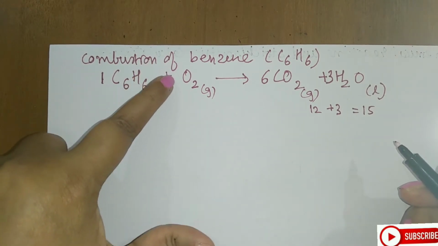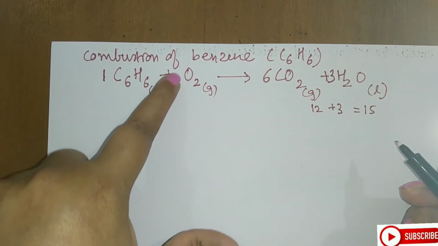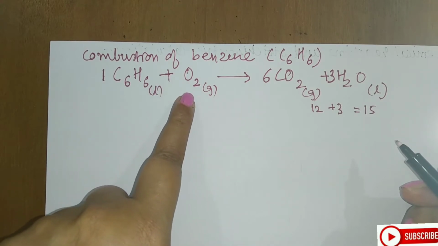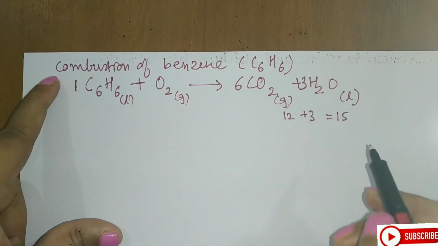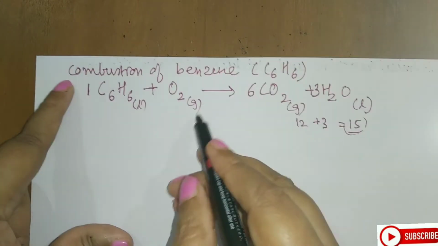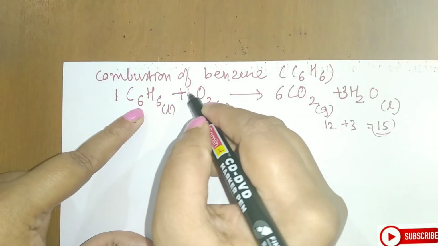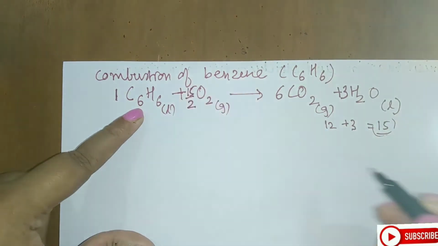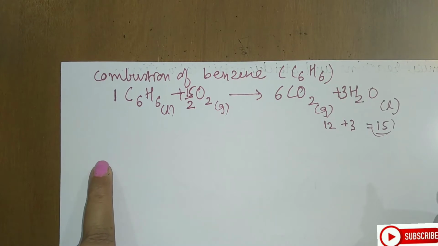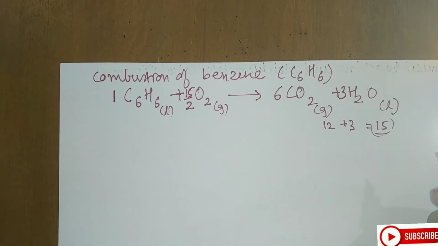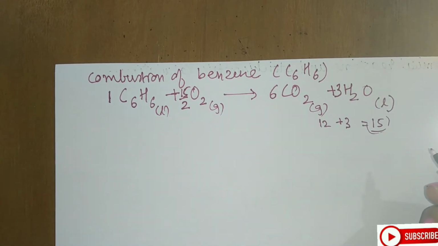What coefficient should I put here so that this can become 15? I multiply this 2 by 7.5, or simply this number divided by this, so it will be 15 divided by 2, or 7.5, you can write here. Now the equation is balanced. So this is how you balance the equations for stoichiometric calculations.